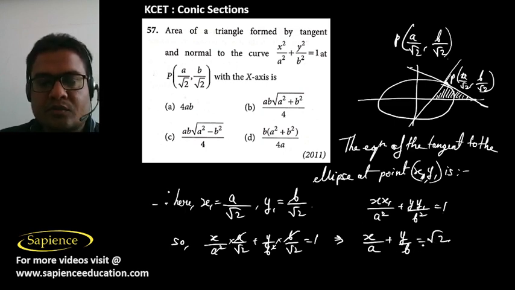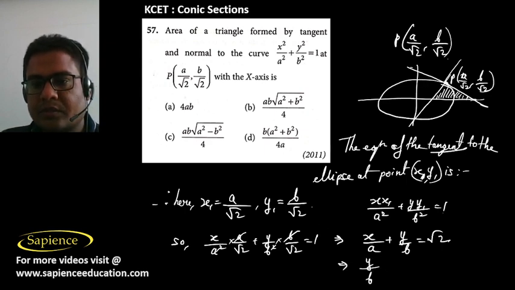So x by a plus y by b equal to root 2 is the equation of the tangent at this point. And then the equation of the normal also we have to find. So therefore we can say this is y by b equal to minus x by a plus root 2.